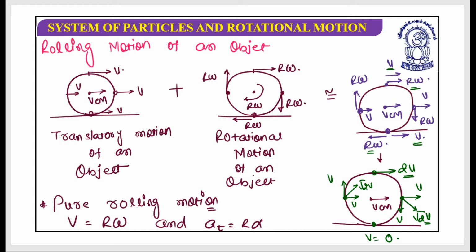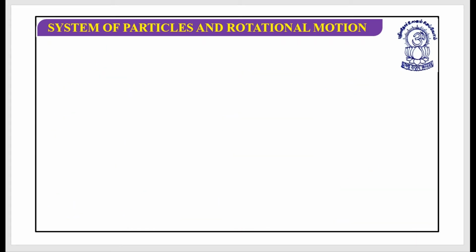Great. Now let's look at the same thing according to the acceleration. Let's suppose this is the situation. This is a wheel, this is its center. This is the A_CM, the acceleration of center of mass.